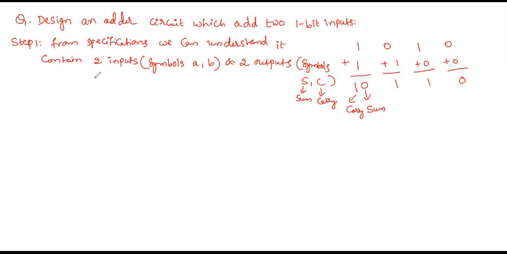Okay, so draw the block diagram. This is the block diagram of the two 1-bit adder. It has two inputs, A, B, and two outputs, S, C.